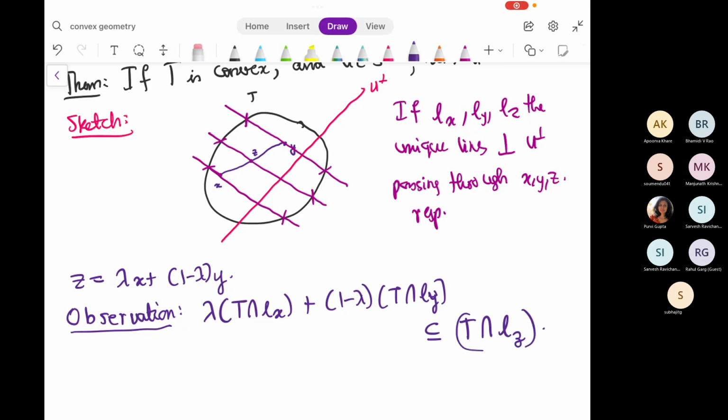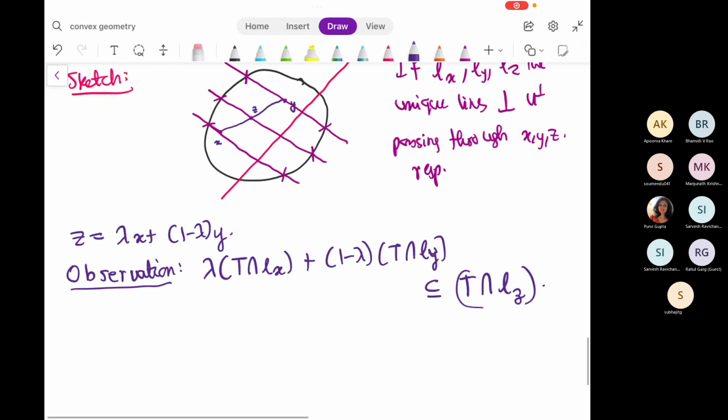That's because anything in lambda Lx plus 1 minus lambda Ly will be contained in Lz, because Z is lambda X plus 1 minus lambda Y, and T is convex. So this observation that I make here is key.